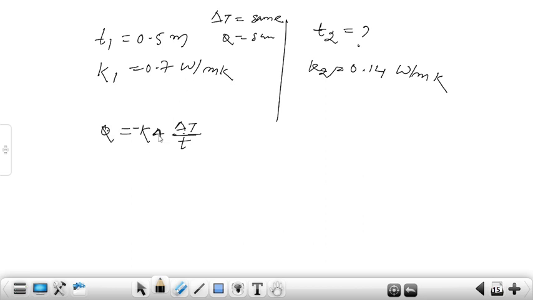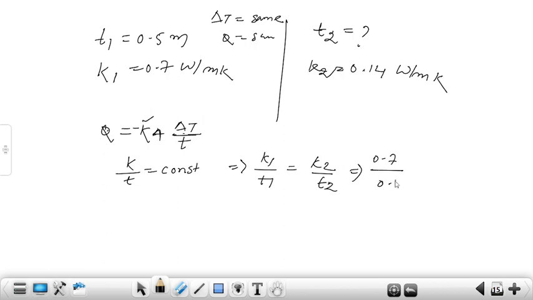So the remaining K and T. That means K1 by T1 is equal to K2 by T2. Putting all the values, K1 given 0.7, T1 given 0.5 is equal to K2 0.14 and T2 we have to find.